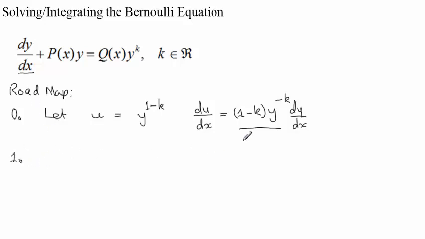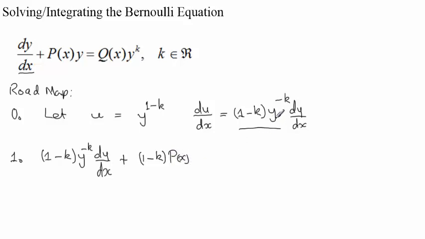So multiplying there, basically copying this term, it will be 1 minus k multiplied by y to the power minus k dy dx, plus, multiplying the second term by this underlined term here, we get 1 minus k times p of x.